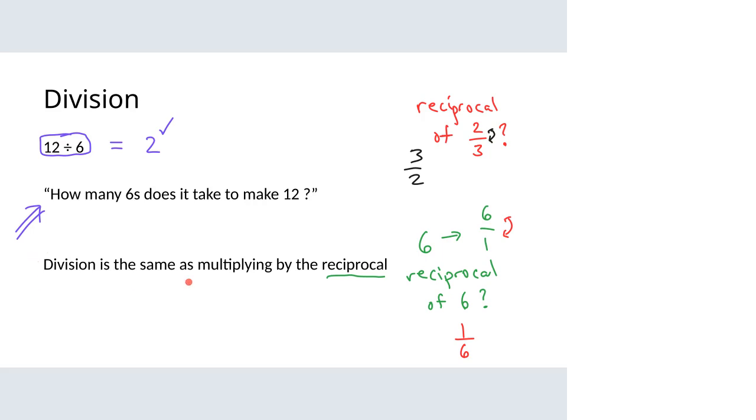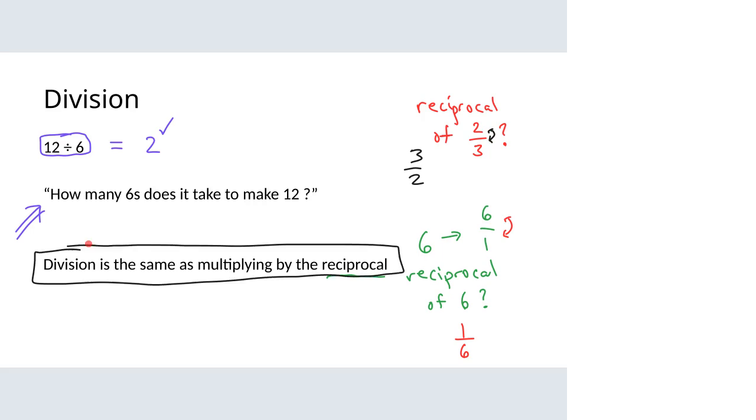Which brings us here that division is the same as multiplying by the reciprocal. So if I have 12 divided by 6, instead of division, if I want to make this a multiplication problem, I can, because division is the same as multiplying by the reciprocal.